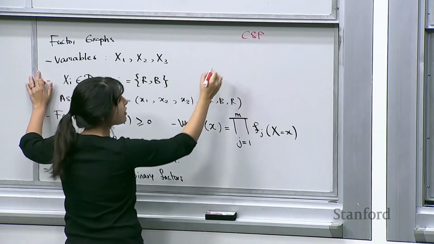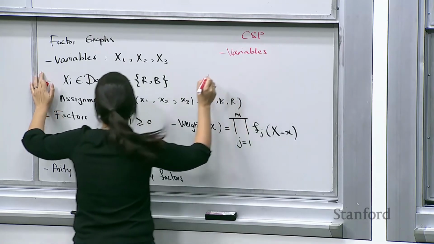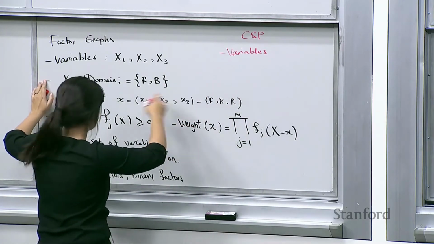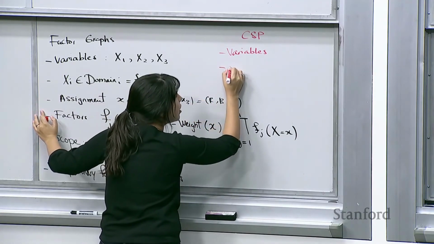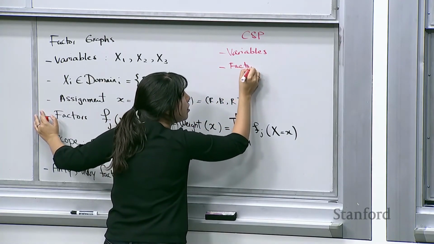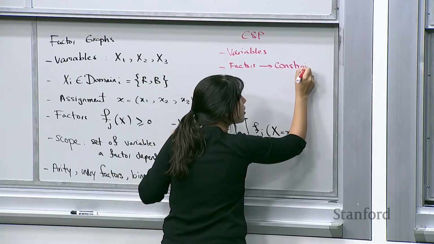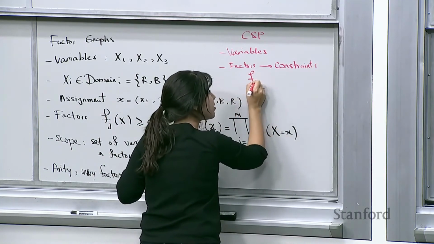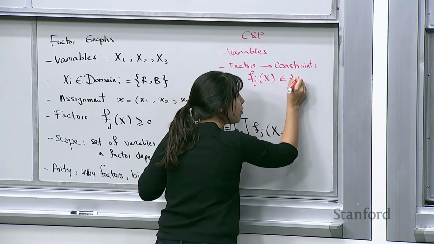Okay? They also have the same variables as before. And we're going to pick assignments for them. But the factors are going to be called constraints. And these factors, f_j of x, are either 0 or 1.